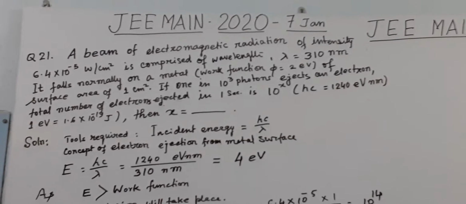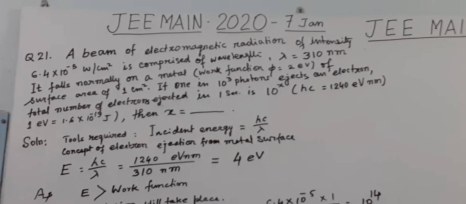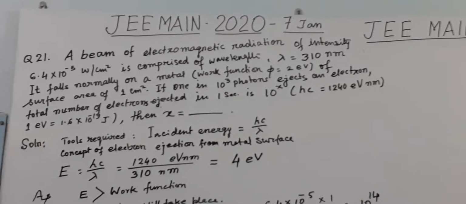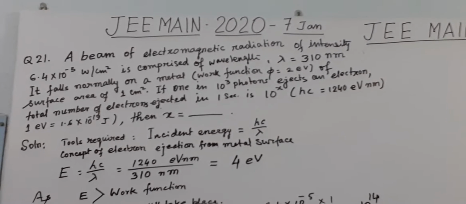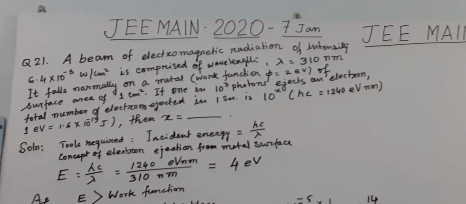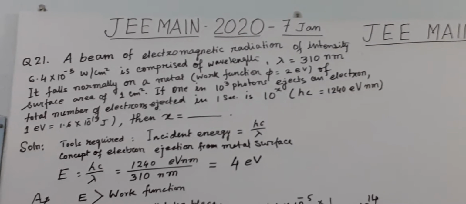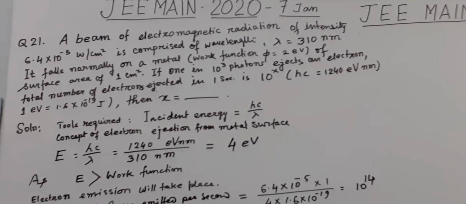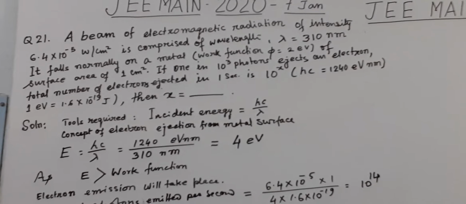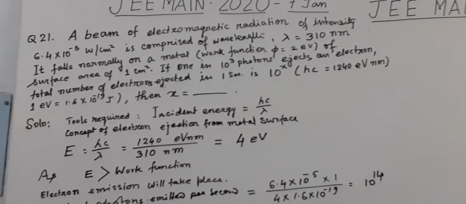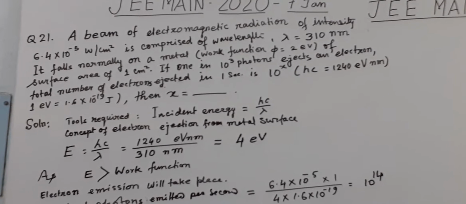A beam of electromagnetic radiation of intensity 6.4 × 10^-5 watt per centimeter square is comprised of wavelength lambda equal to 310 nanometer. It falls normally on a metal whose work function is given, phi equal to 2 electron volt, of surface area 1 centimeter square.